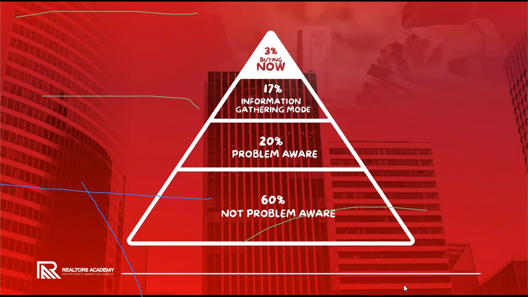Are we together? Now, there's another percentage below, which is the 17% information gathering mode. These people are still searching. They have not made up their mind yet. They are still considering: should I buy land with C of O, or the one with Gazette?